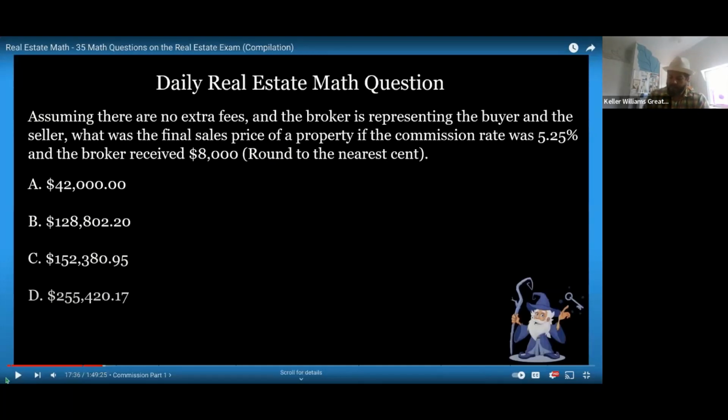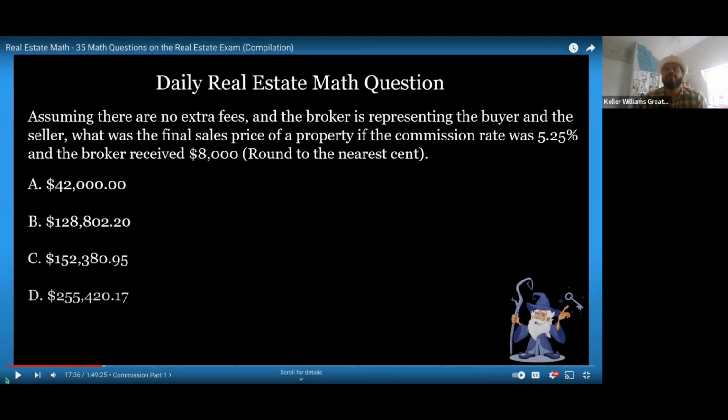So same math. A, B, C, or D, using that same math.